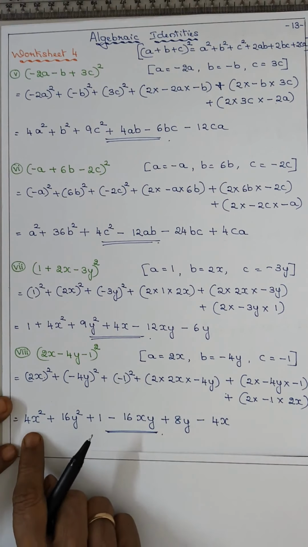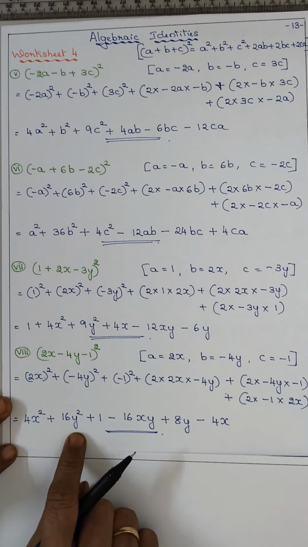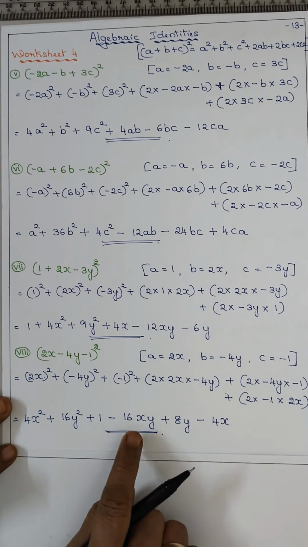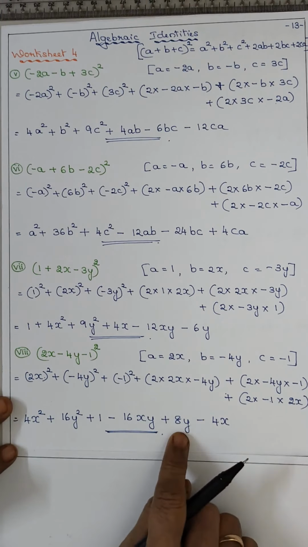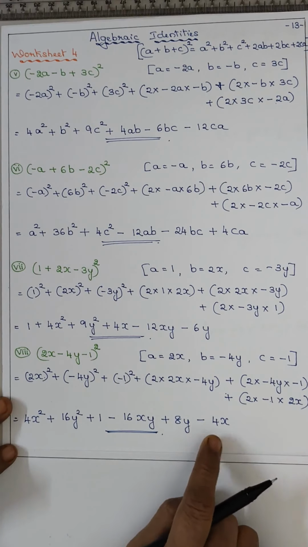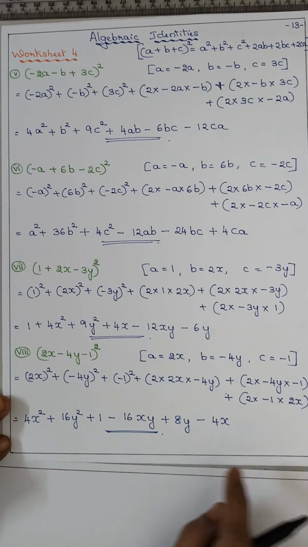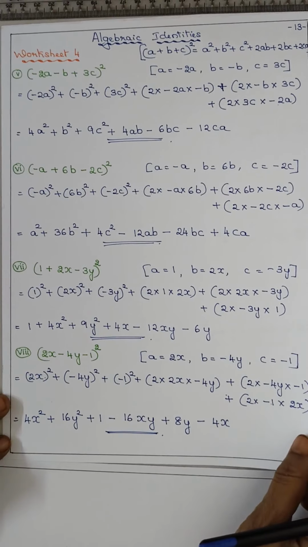So the answer is 4x squared plus 16y squared plus 1 minus 16xy plus 8y minus 4x.